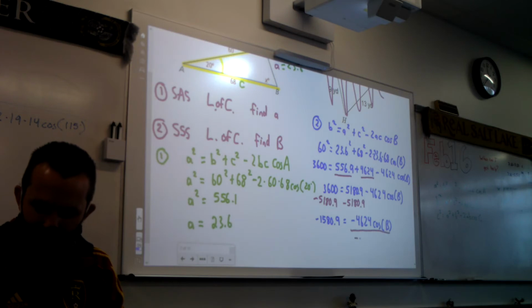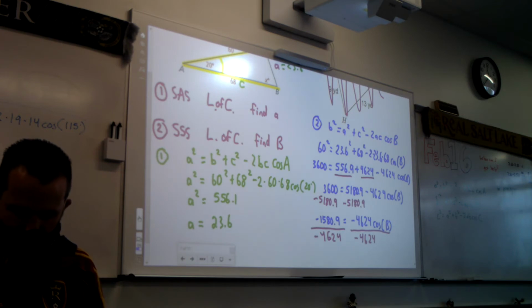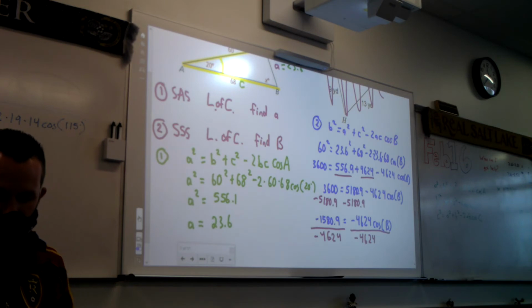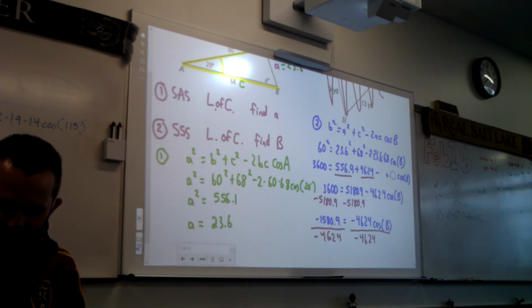Alright, now we're going to divide that negative 4,624. I want to check something real quick. Hold on. I think we've got a wrong number. I gave you a wrong number. This 4,624 is actually 68 squared.